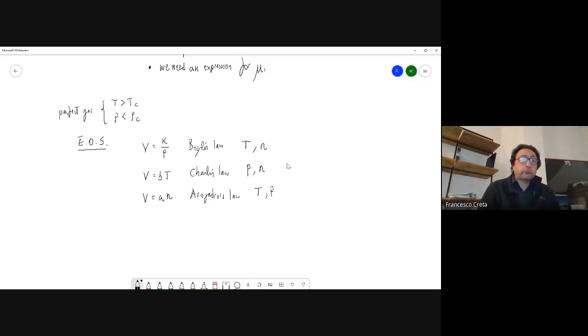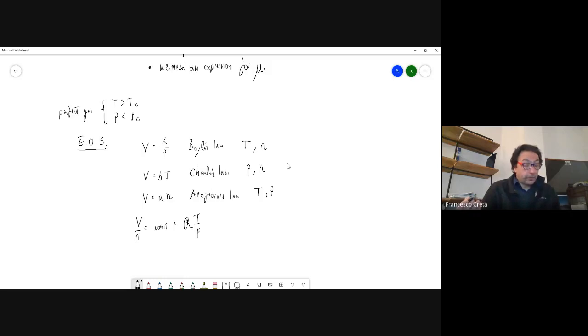Okay. We put everything together, and we can write something like V over N is equal to a constant, which is equal to a universal constant valid for all gases, T divided by P. Okay, so at constant temperature and pressure, V over N is constant, for example.